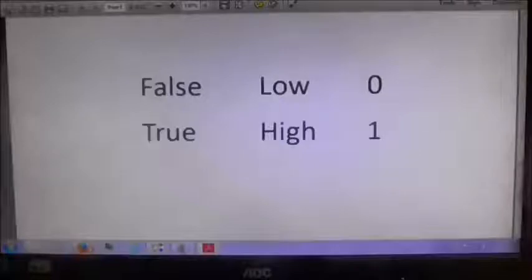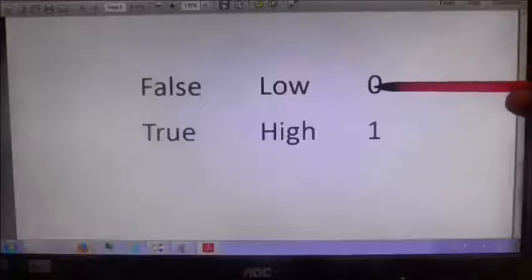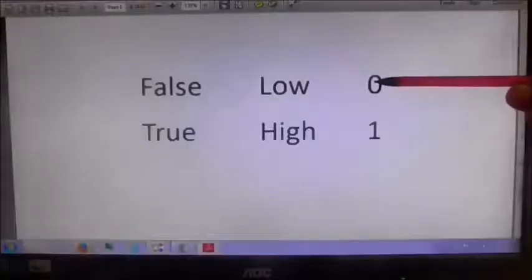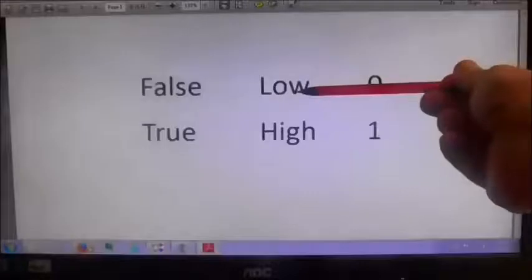In electronics, when we make logic circuits, we tend to make them with transistors, and transistors will either conduct or not conduct, and that will give us an electronic signal or a pulse. Now, if there is no pulse present, we tend to think of that as a 0, or we might equally say low.